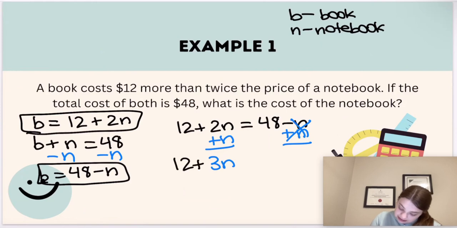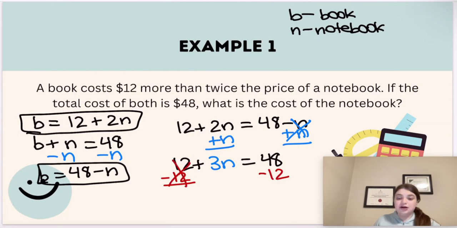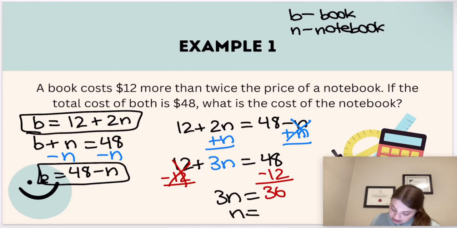Now I need to get everything that is not an n from my left to my right, so I'm going to subtract 12 from both sides. 12 minus 12 is nothing, which was the point of doing this, and on the right, 48 minus 12 is 36. Therefore, 3n is equal to 36. Then if I divide both sides by 3, I get that n is equal to 12. And so the cost of a notebook is $12.